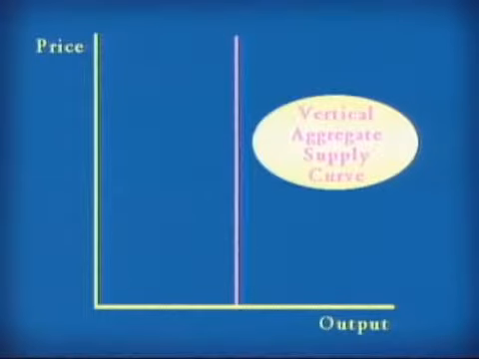The situation is like robbing Peter to pay Paul. The output level does not increase. In fact, it can't because the economy is at full employment. In this case, the price output response curve, or aggregate supply curve, is vertical. Notice some of the crucial differences between a horizontal aggregate supply curve and a vertical aggregate supply curve.